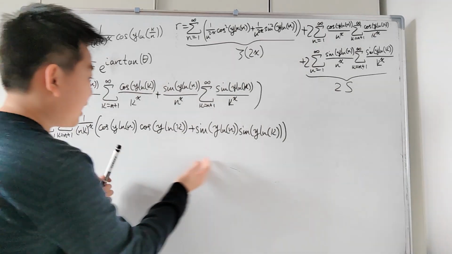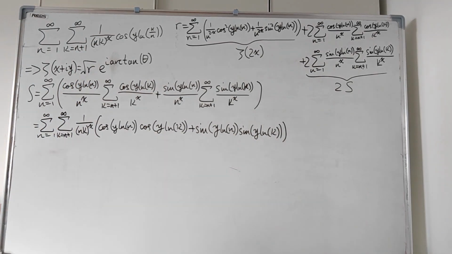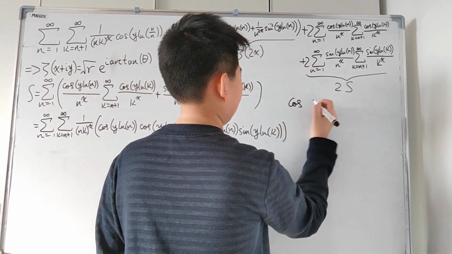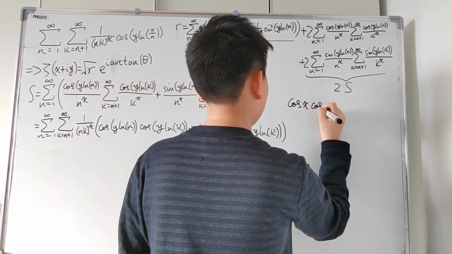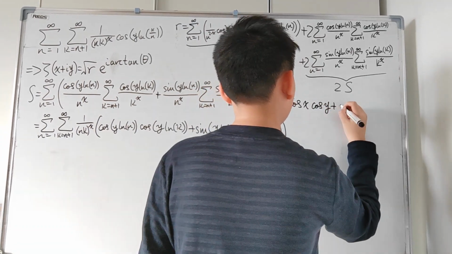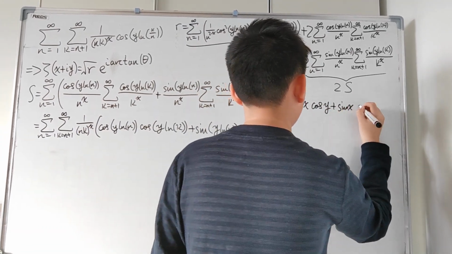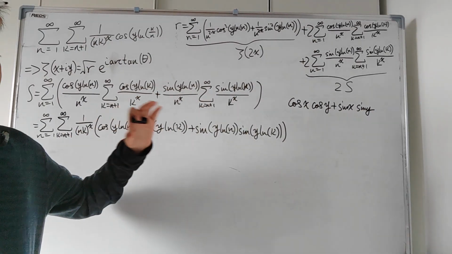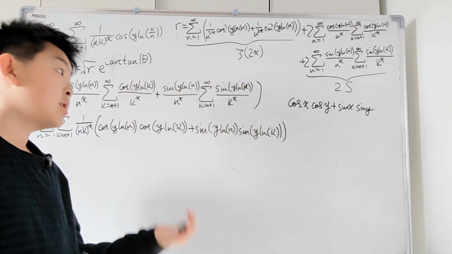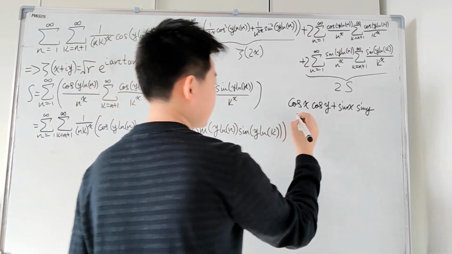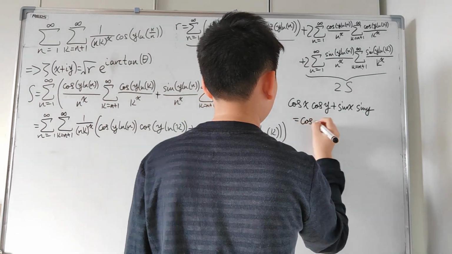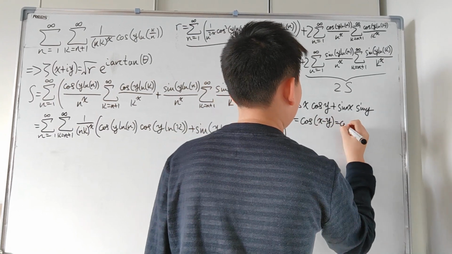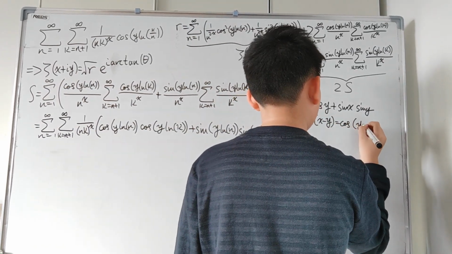But this has a rather peculiar form, and that is the form of cosine x cosine y plus sine x sine y. And this is another trigonometric identity, and it's going to be equal to the cosine of x minus y, or the cosine of y minus x.